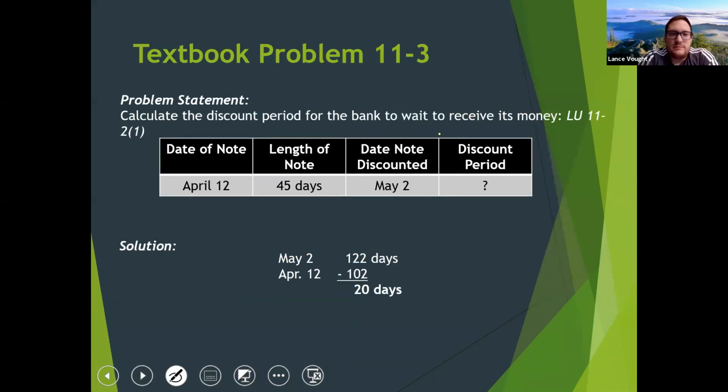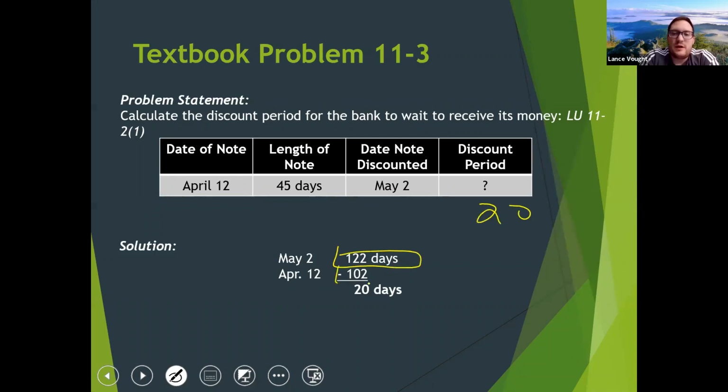So if we calculate the discount period for the bank to wait to receive its money, if they have a 45-day note, and it's being discounted on May 2nd, then the amount of days of the discount period is 20.